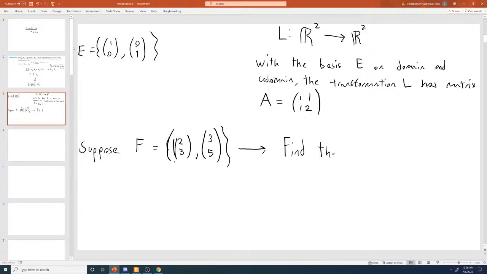Find the matrix representing L from the basis E to the basis F.